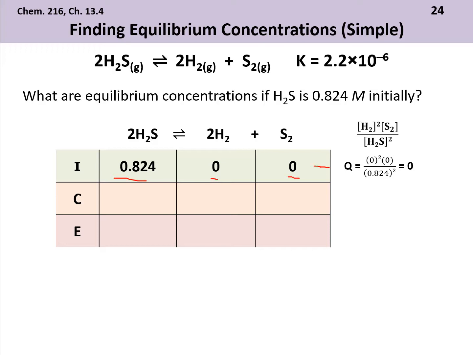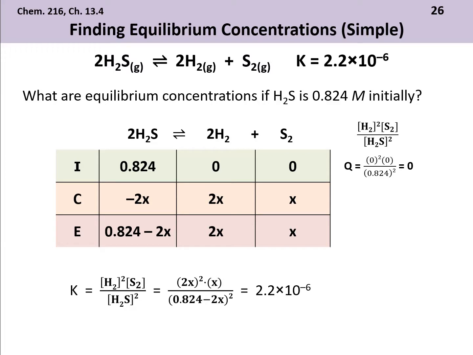We use these to calculate K. Once we know K, we use those to find Q. Once we find Q, we can see that Q is less than K, so it shifts towards the right. So that means these are going to be positive, these are going to be positive. My reactant is negative. Then I go ahead and I plug those in to get my equilibrium concentrations in terms of X, and then I plug those back in, okay?